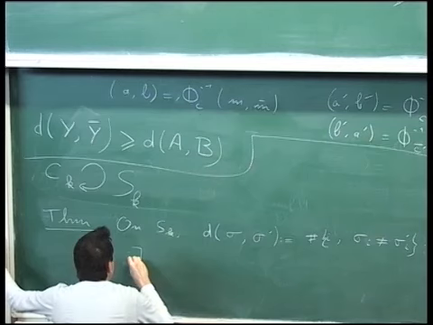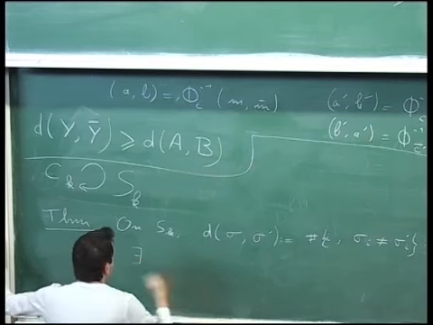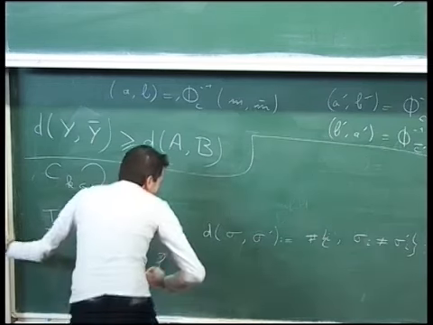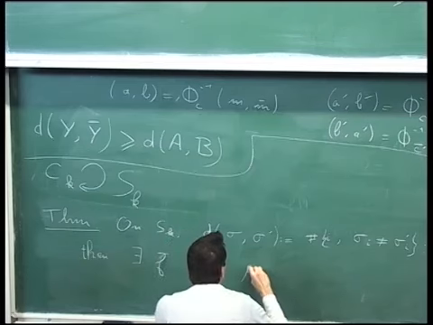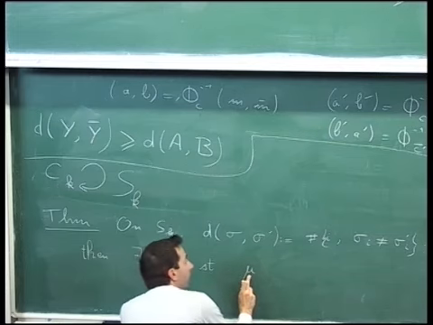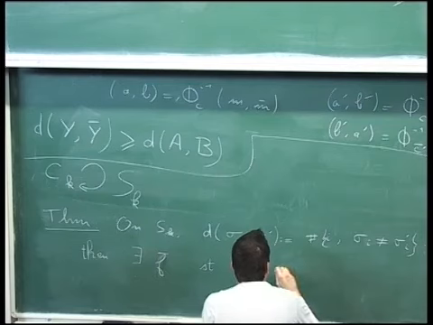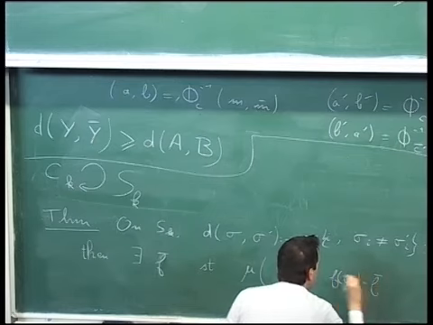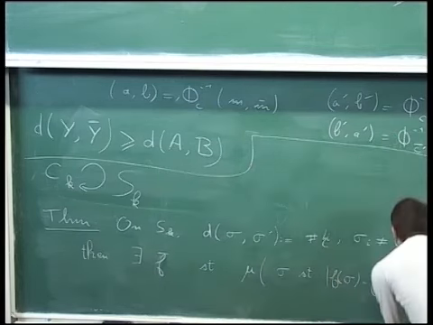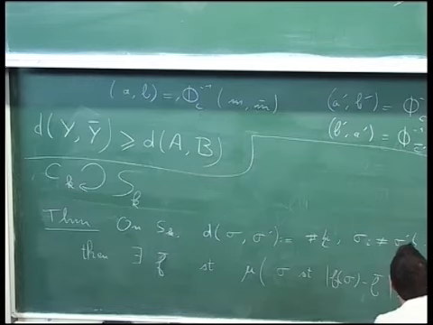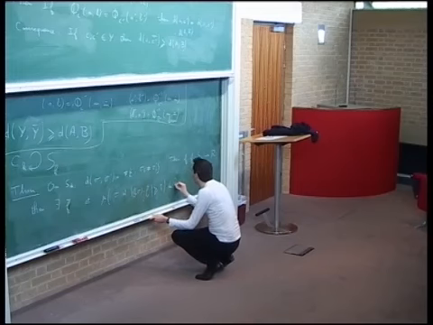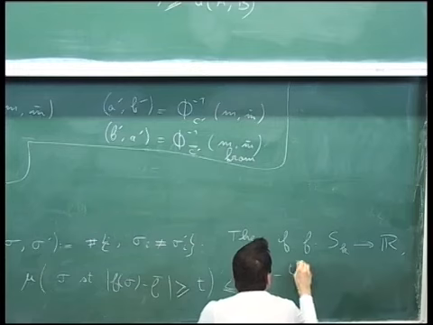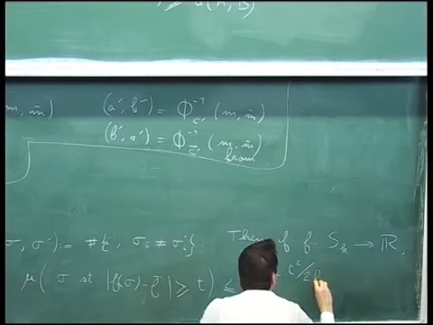So there exists a value f bar such that the measure, so this is the uniform probability measure on the symmetric group, of those sigma such that the absolute value of f of sigma minus f bar is greater than t, this measure is small, and it's smaller than a Gaussian control, and I guess it's something like e to the minus t squared over 2k.